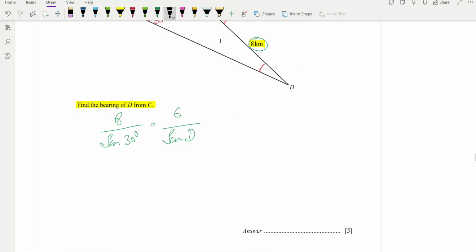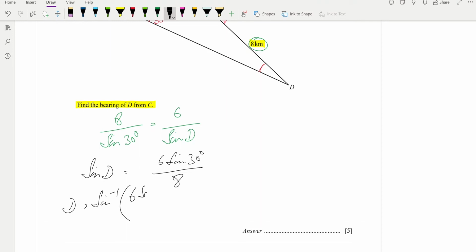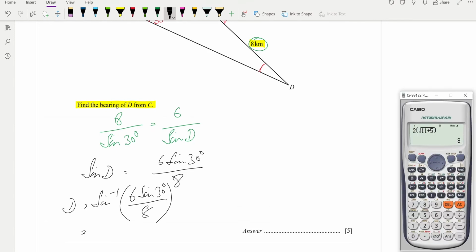If we calculate this value, we find sine D will be equal to 6 sine 30 degrees divided by 8, and D will be equal to sine inverse of 6 sine 30 degrees divided by 8. And what will this value be? We will use the calculator for that.